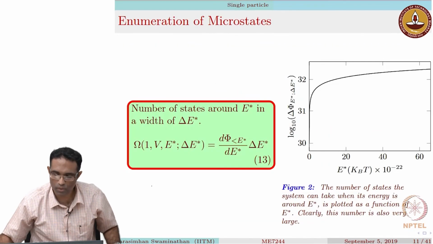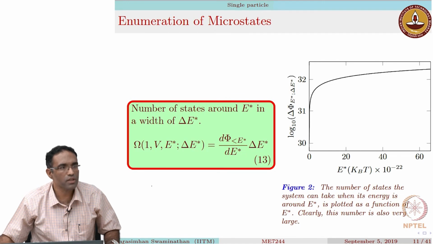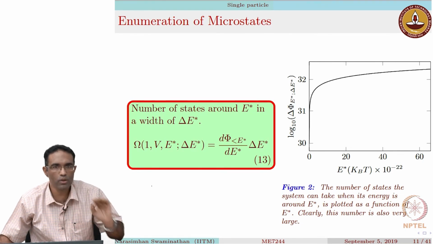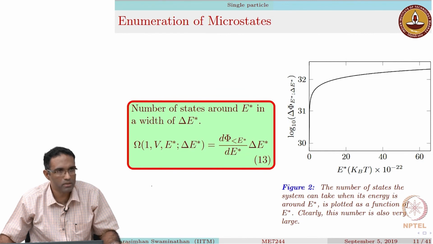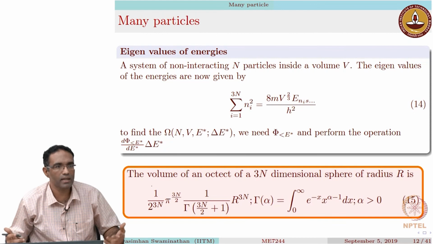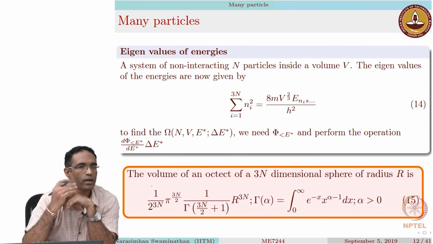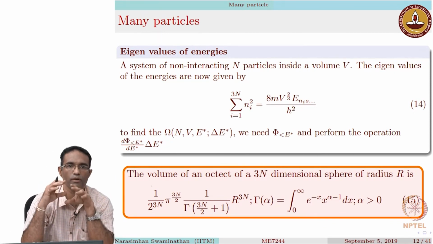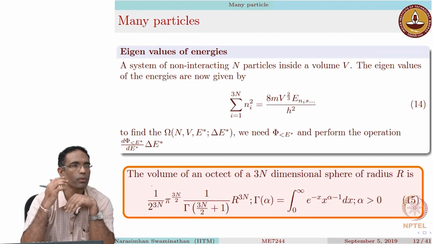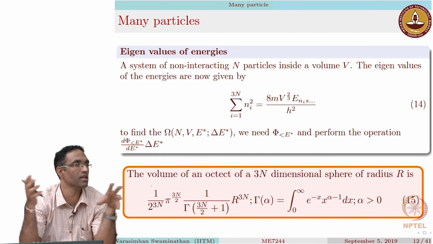So we have just seen how large omega is for a single particle in a box. Now we can do the exact same thing when you have more particles in a box. That will basically take us to an ideal gas. Now instead of looking at one octant of a sphere, we look at the same one octant of a sphere, however in larger dimensional space.